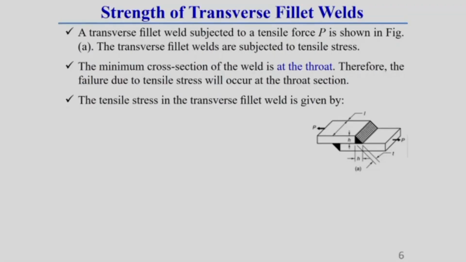Okay. Now, we will discuss the strength of transverse fillet weld. What is the definition of transverse fillet weld? I have already discussed that. A transverse fillet weld is one where the load acts perpendicular to the length of the weld, that is the transverse direction.